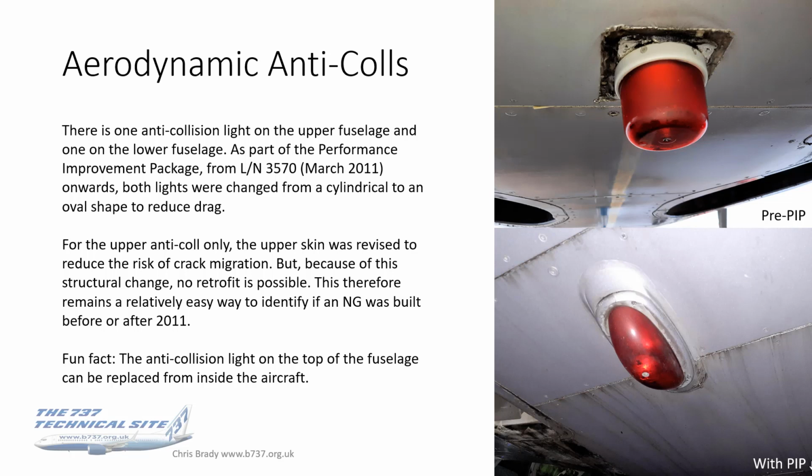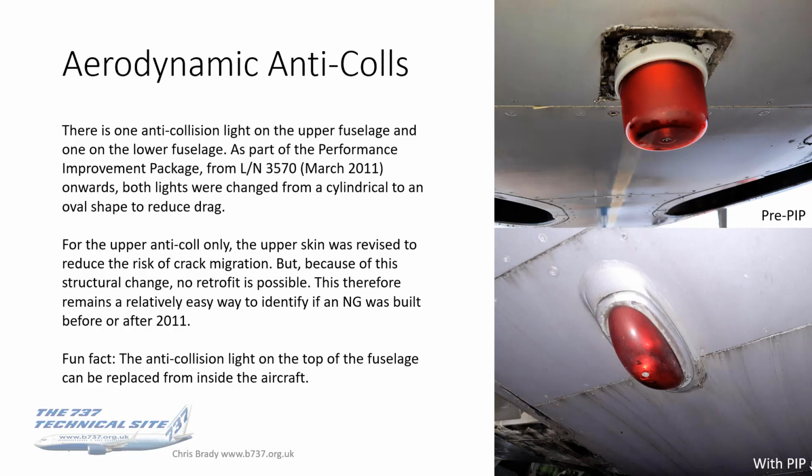On the upper anti-col only, the upper skin was revised and some strengthening put in there to reduce the risk of crack mitigation, because you've got a shape which is no longer circular. There's more chance of a crack forming and propagating.